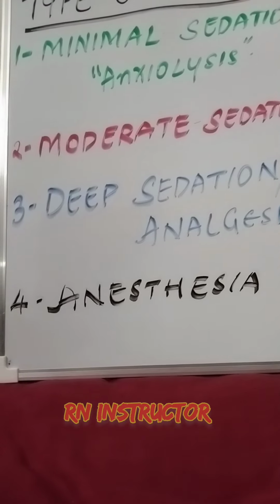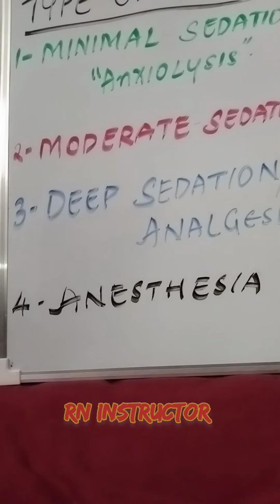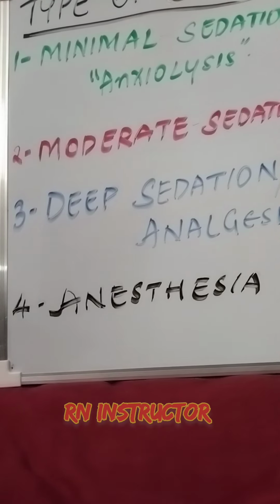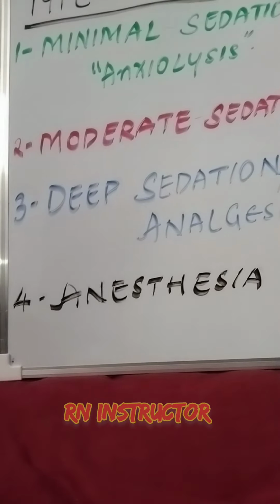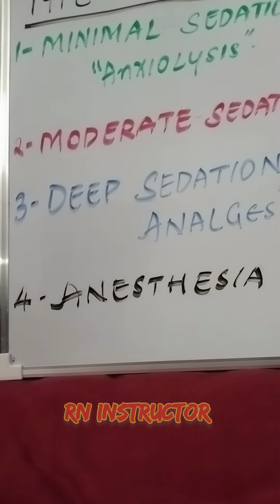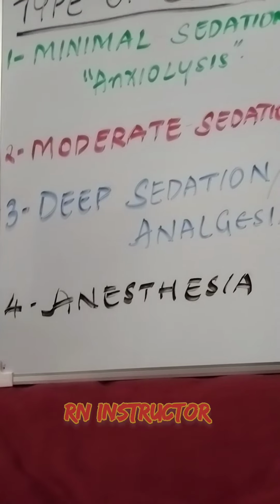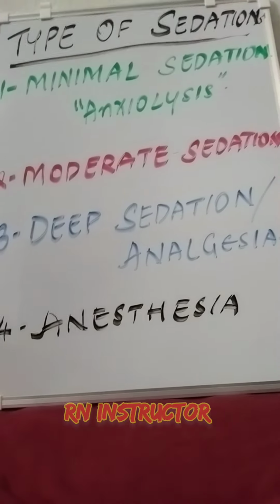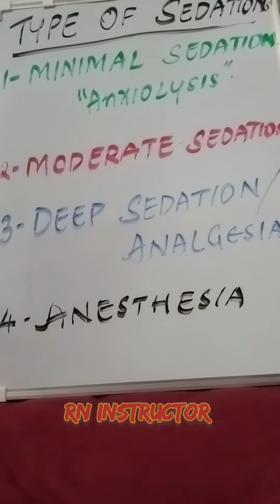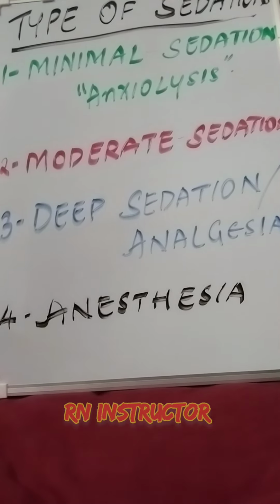You need to maintain the ventilatory functions of the patient by positive pressure ventilation. Here neuromuscular functions will be completely depressed, as well as the cardiovascular functions may be impaired. So we need to have close and continuous monitoring of the patient on anesthesia.